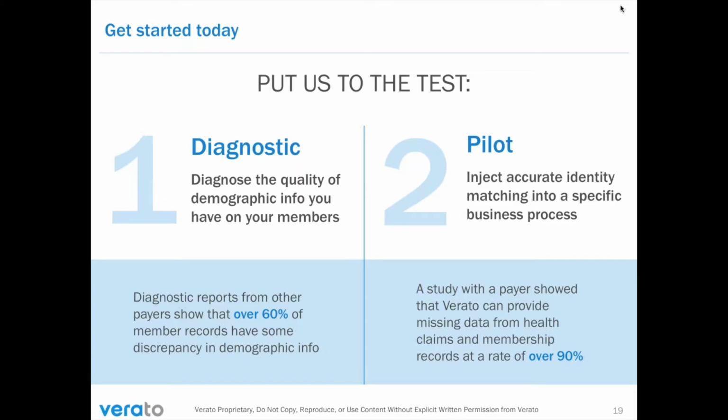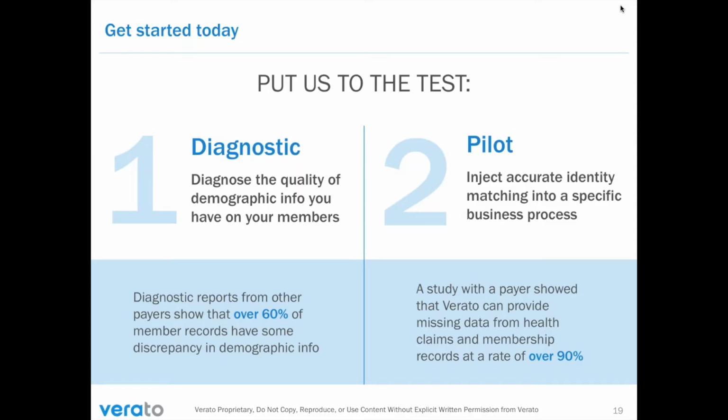And then there's also pilot projects that we've done for a number of organizations where we move beyond that high-level diagnostic and we start applying either our matching or validation technology to more specific business processes within an organization. So an example of this with another payer we worked with was a study where we looked at Verado's validate capability and how that could plug into a Medicare coordination process.